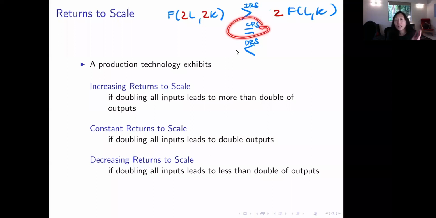If it's double, then I have constant returns to scale for this production function. But if the output is actually greater than double, then this is good for me, and we have increasing returns to scale. But if I double the input and my output increased, but by less than 2 times the original output, then this is decreasing returns to scale. So this is the criteria to identify the types of returns to scale for a particular production function.